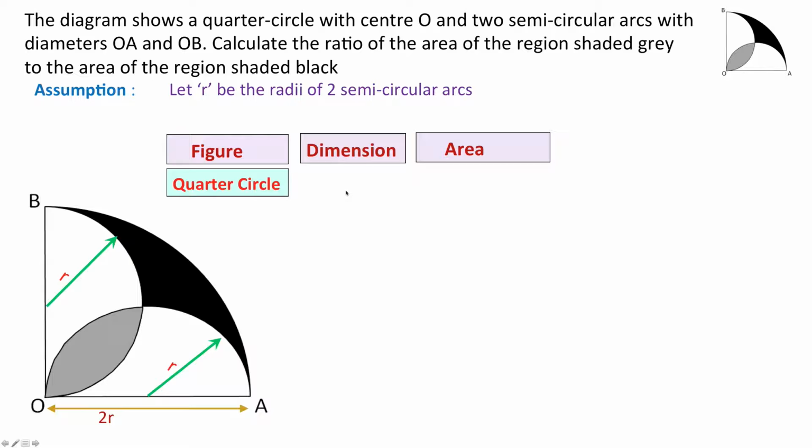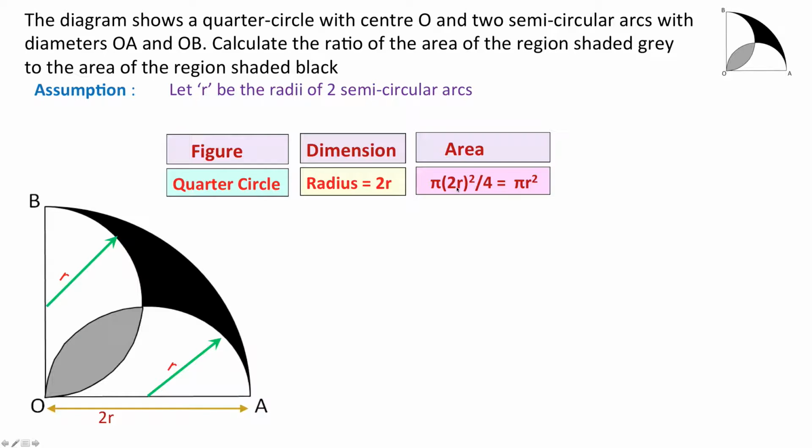We know its dimensions. The radius is 2r, as you can see. OA is 2r, and because we know the radius, we can find the area. The quarter circle is 1/4 of the circle, so the area of the quarter circle is going to be 1/4 of the area of the larger circle which it is part of. So if you calculate, the area will be pi times the square of the radius.